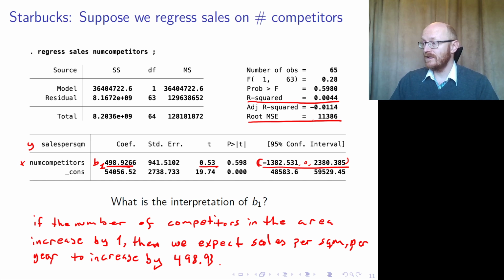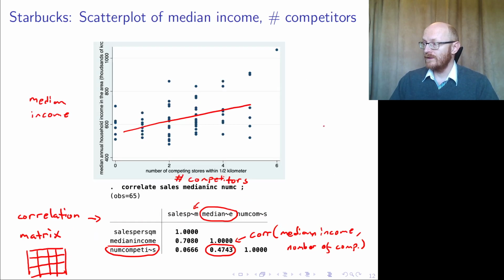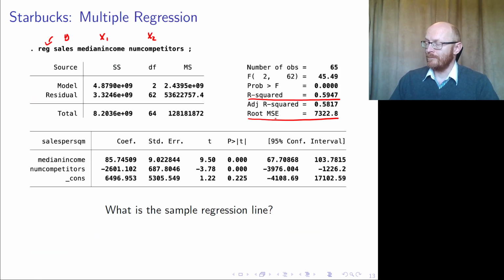So which means that our prediction intervals are more narrow, which means that our forecasts are more accurate.